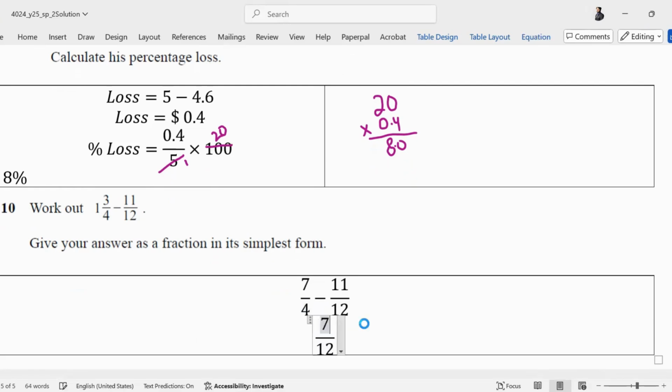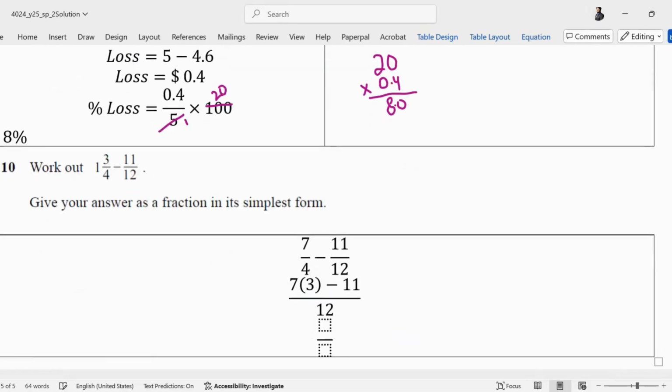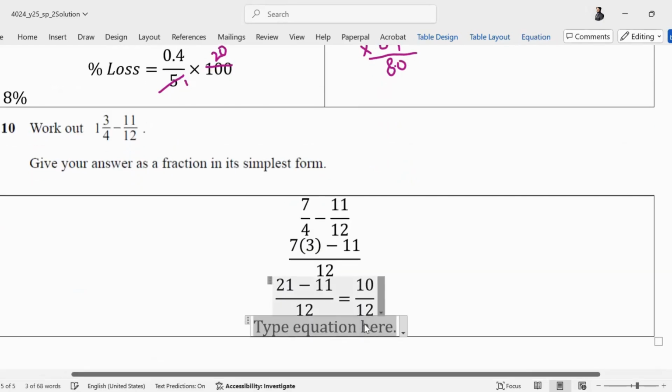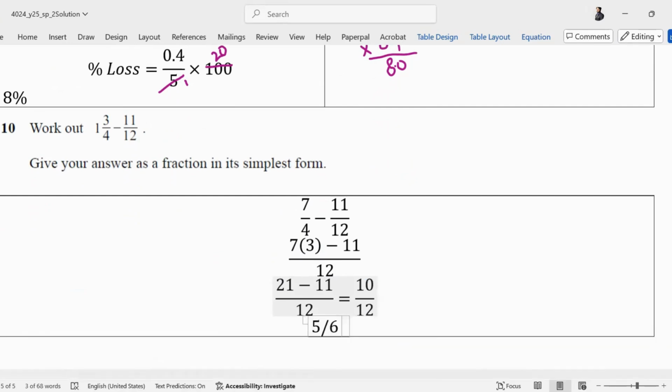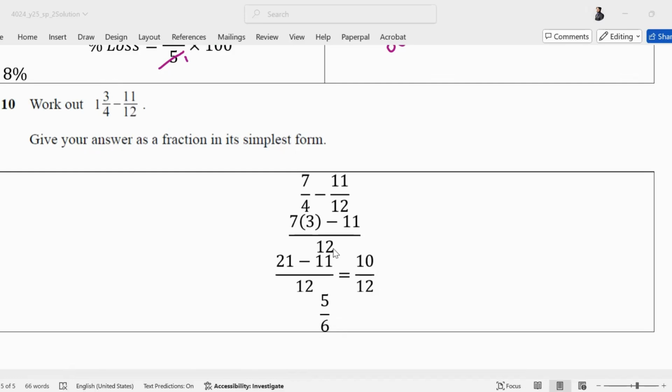Common denominator, 7 will multiply by 3 minus 11. 7 3s are 21 minus 11, which leaves the answer as 10 upon 12. Simplify both of these by 2: 2 5s are 10 and 2 6s are 12. So the final answer is 5 upon 6.